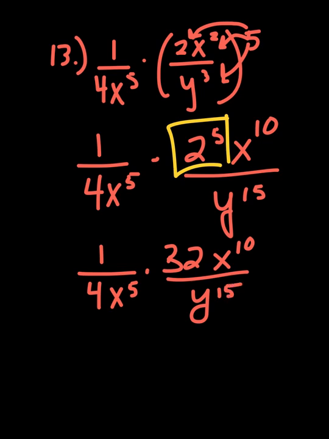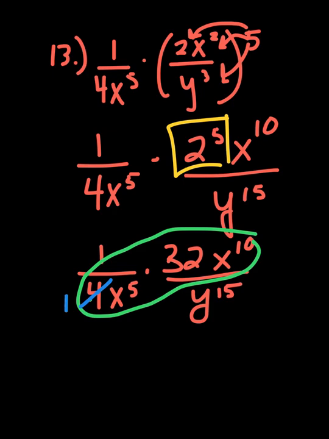I always like to try to cancel on the diagonals before I start in on multiplying these two together. So if I look on this diagonal, I have 4 and 32. 4 goes into 4 once. 4 goes into 32 8 times. And if I look at my x's and think of them as battling, I have x to the 5th, which goes into x to the 10th and cancels out, leaving 5 x's in the numerator.